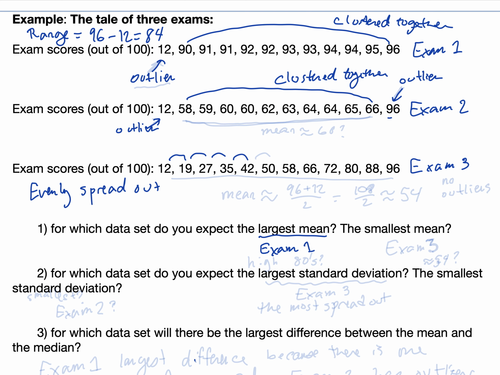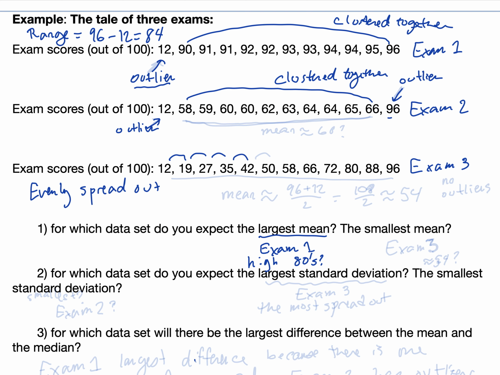Even though we do have this outlier affecting it, it might be pulling down the mean to something a little bit less than that A/A-minus range. However, we'd still expect it to be fairly high, maybe high 80s, maybe low 90s, pulled down by that outlier.